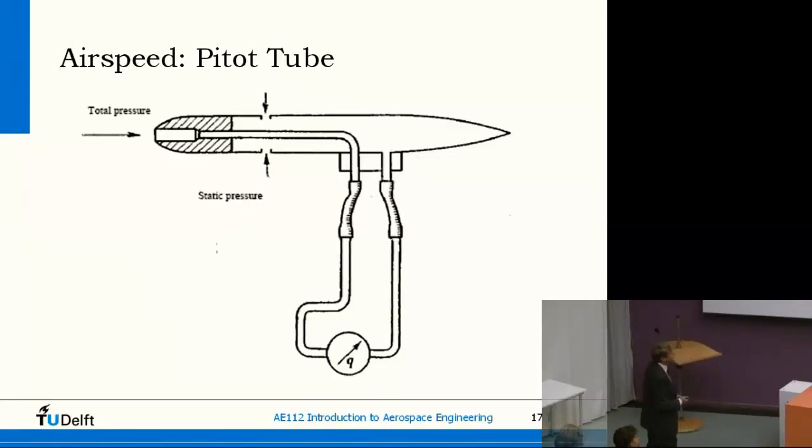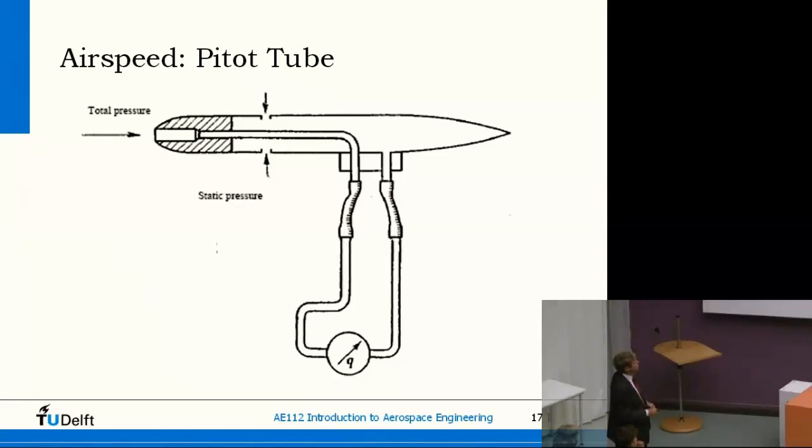So we measure the speed relative to the air with the pitot tube. Mr. Sinke covered this in his force lecture already, or not? Okay, so you know the idea. The total pressure comes in here, because this is the pressure that includes the speed, the pressure that you feel when you put your hand outside the window. The atmospheric pressure, the environmental pressure, is measured via a static opening, sometimes in the side of the pitot tube, more often on the side of the fuselage.